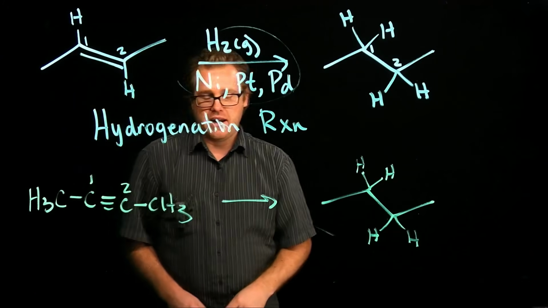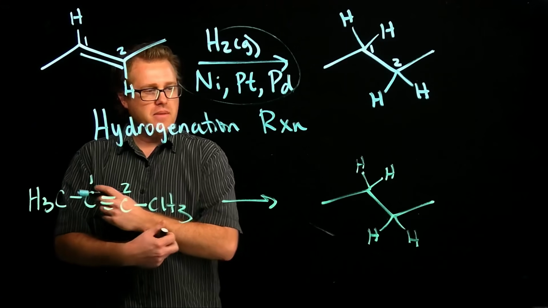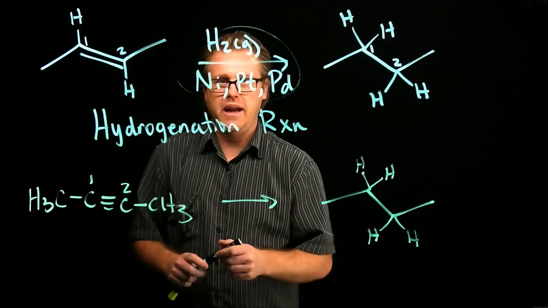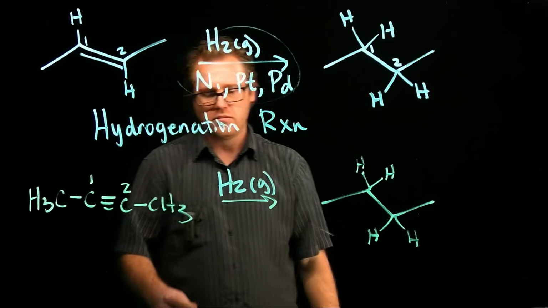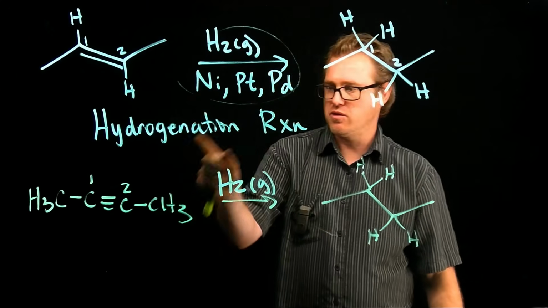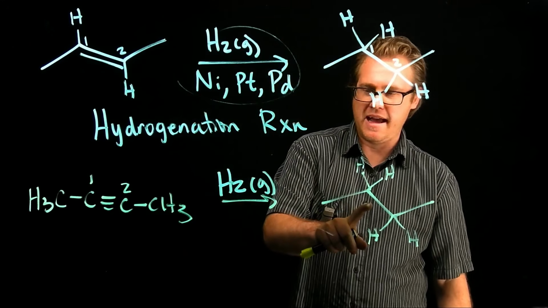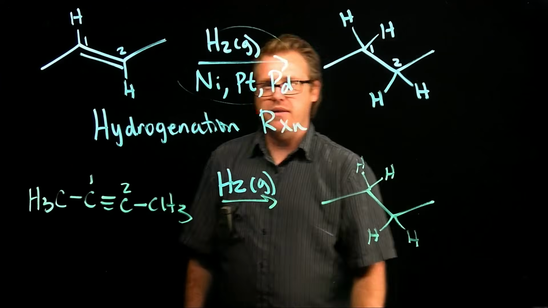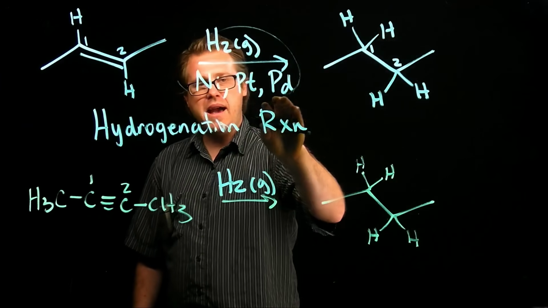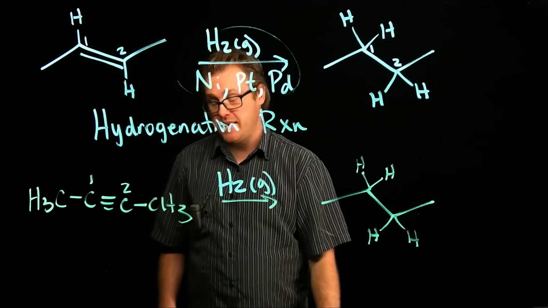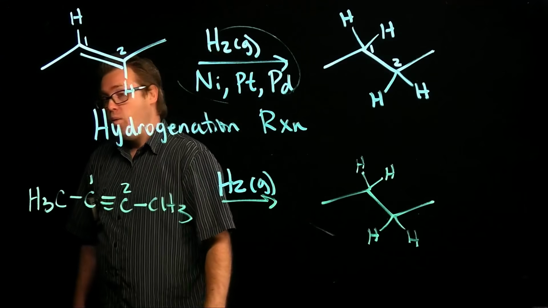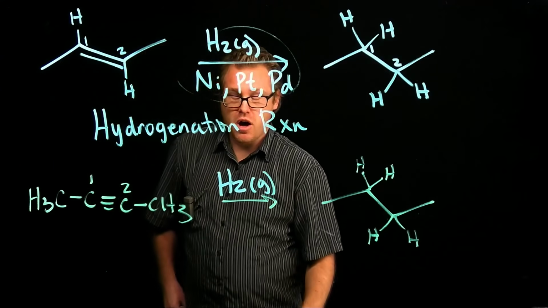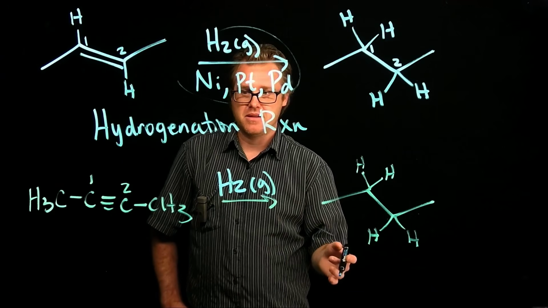But one cool thing about alkynes is that if we use this condition right here and pick one of these metals, we'll go all the way to the alkane. But if we take one of these metals and we poison it by adding poison, okay, we're going to get what's called a poisoned catalyst.